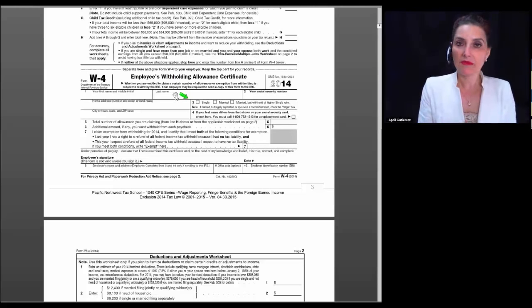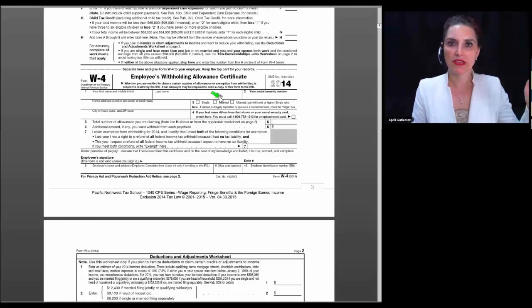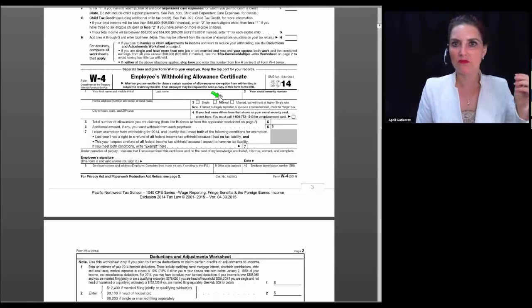But typically when I'm having a conversation with my clients, it's either because they want to have a refund or they don't want to owe too much when they file. And these are the places that I see that they owe and why. Married couples, again, are the ones most likely to see huge fluctuations, especially when you have one spouse, say, earning a pretty decent level of income, $50,000, $60,000, $100,000, and the other spouse earning only $10,000, $20,000.